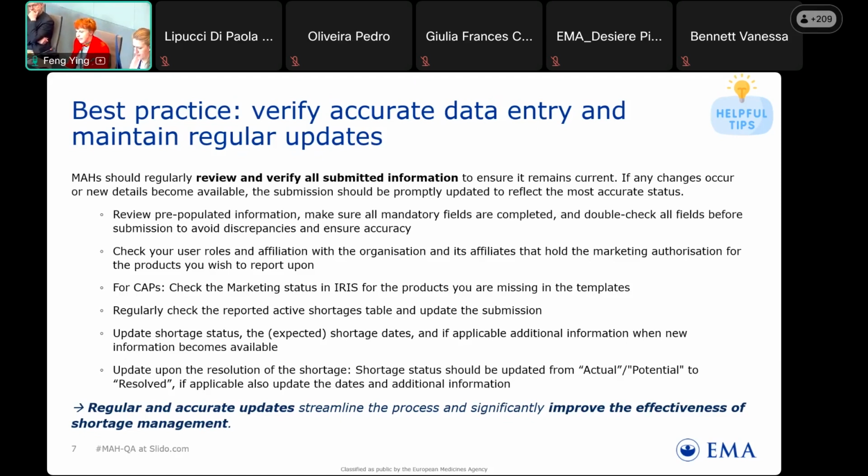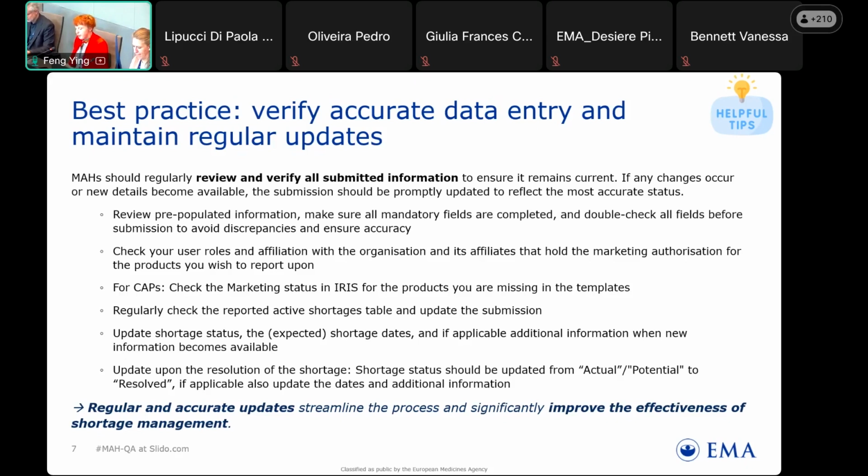So only products for which the marketing status is marketed or temporarily unavailable in IRIS will show up in your ESMP reporting templates. So if the data on the marketing status for the product that you want to submit data for in the ESMP has not been inserted in IRIS, then you will not be able to do that submission as well.